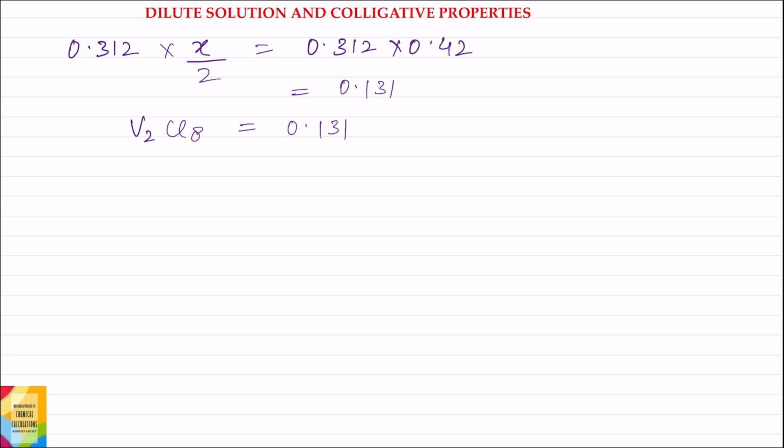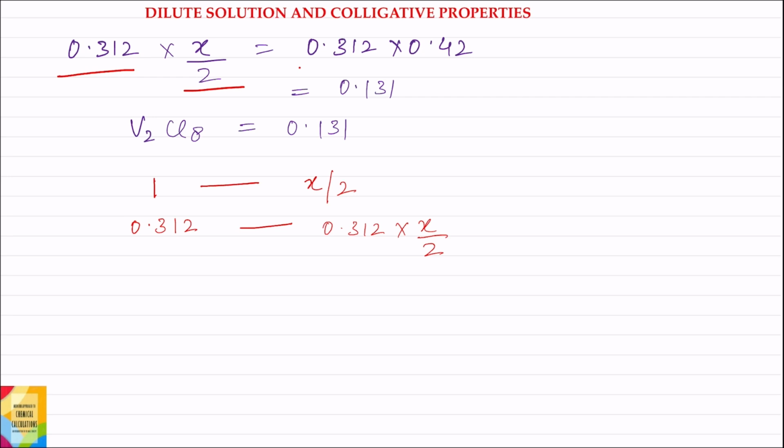Now जब 1 mole of VCl4 associate किया तो moles of V2Cl8 formed is x by 2 moles. And when the initial number of moles of VCl4 is 0.312, then moles of V2Cl8 formed is 0.312 into x by 2 moles.